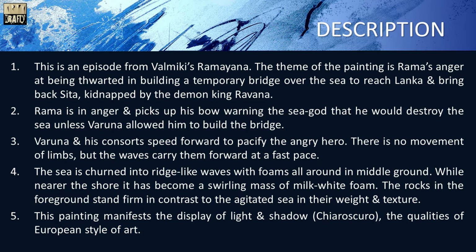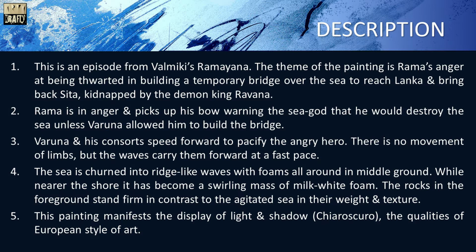Rama, in anger, picks up his bow, warning the sea god that he would destroy the sea unless Varuna allowed him to build the bridge. Varuna and his consorts speed forward to pacify the angry hero. There is no movement of limbs, but the waves carry them forward at a fast pace.